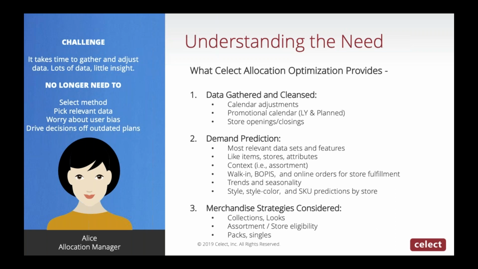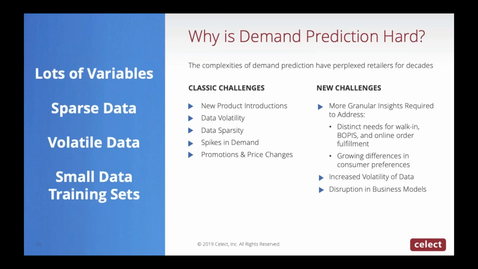A given week at the end of November around Black Friday is a lot different than a given week at the end of July, as an example. And lastly, we want to be able to make sure we handle things like collections and looks where products may need to be grouped together, but don't necessarily need to be allocated together.